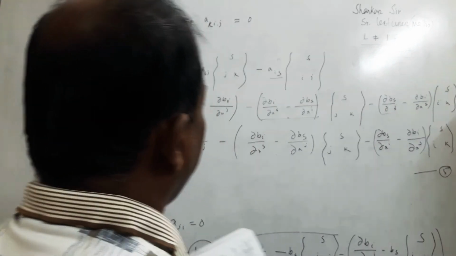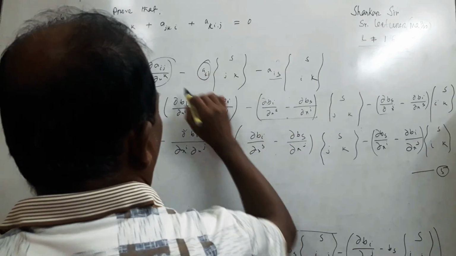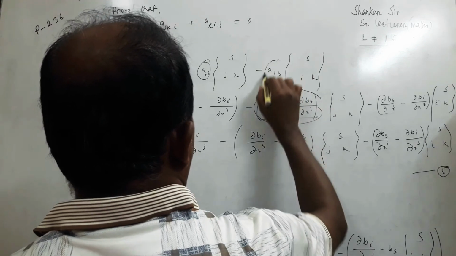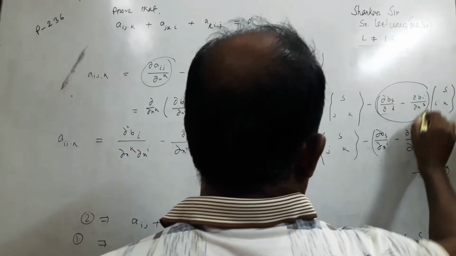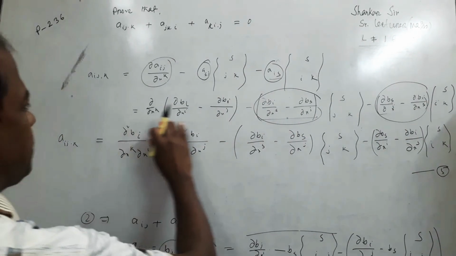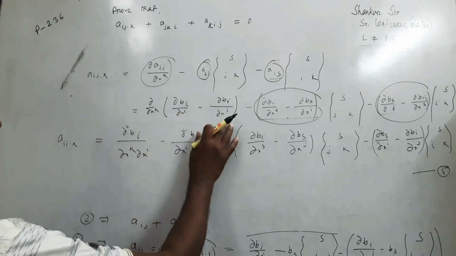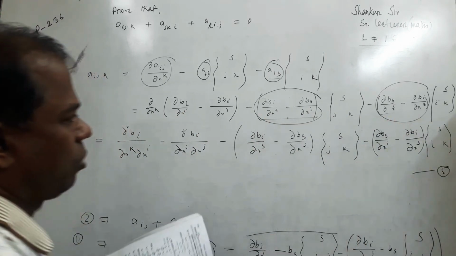Just for this formula it is zero, but the others are okay. And for multiplying this and this, that's the same.